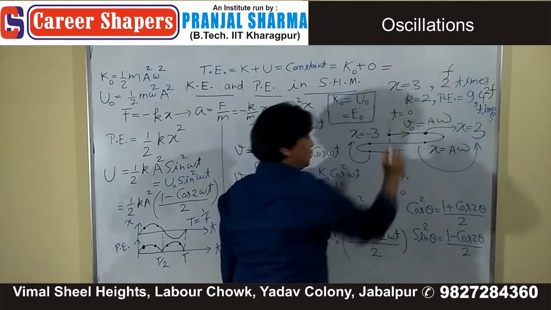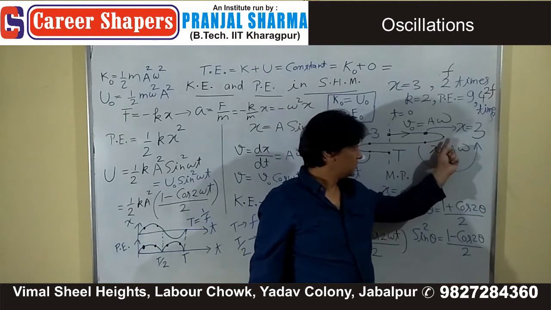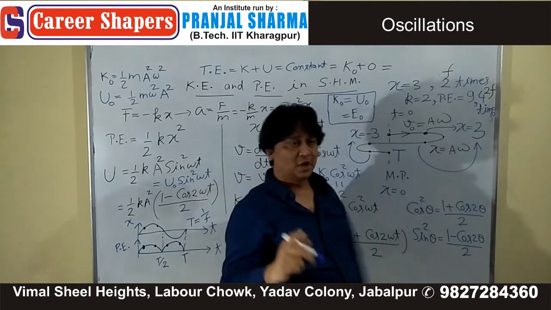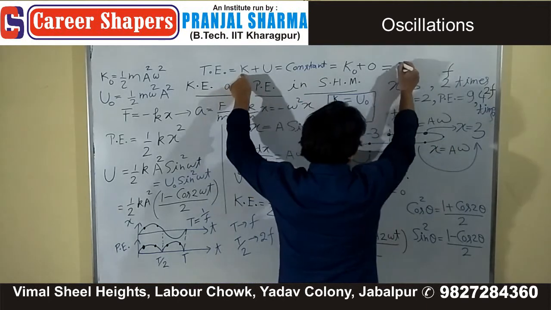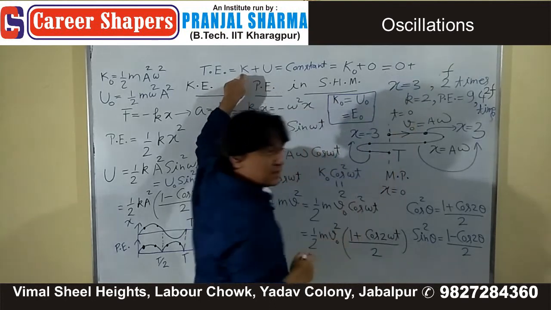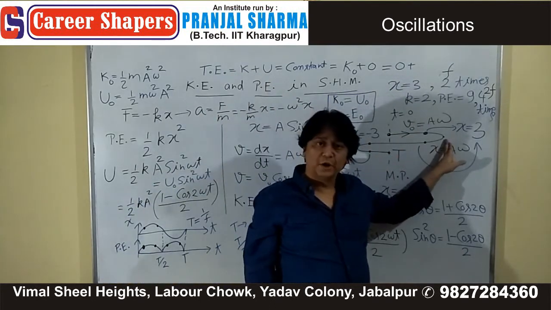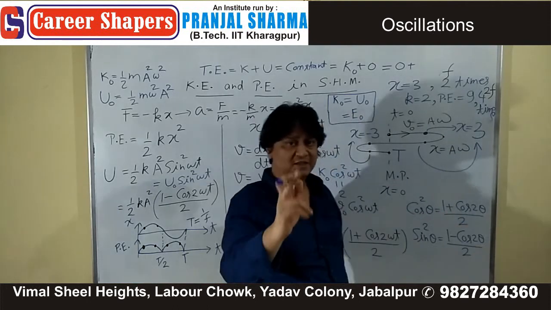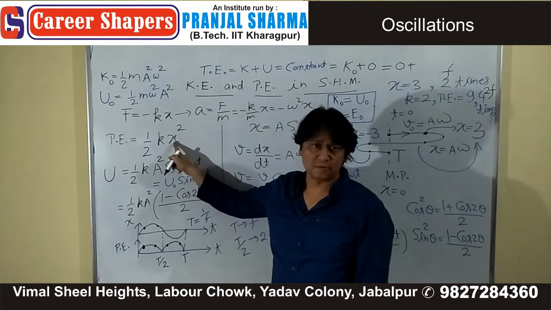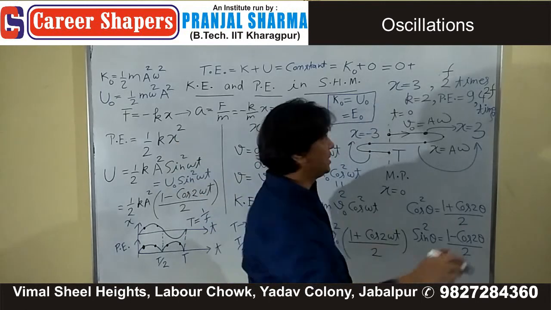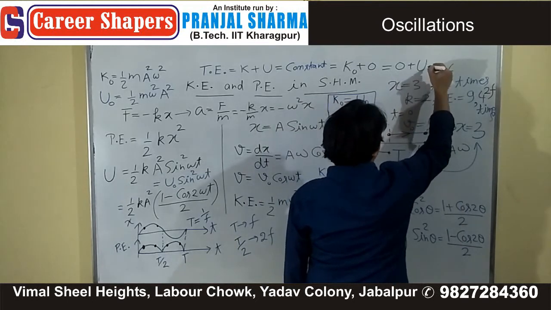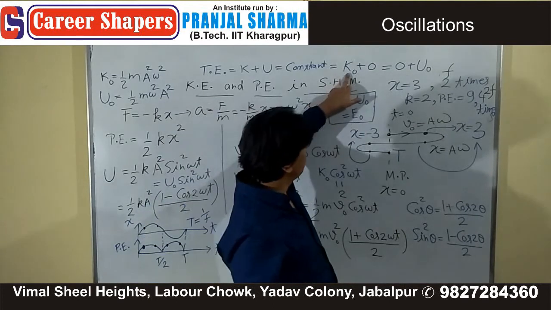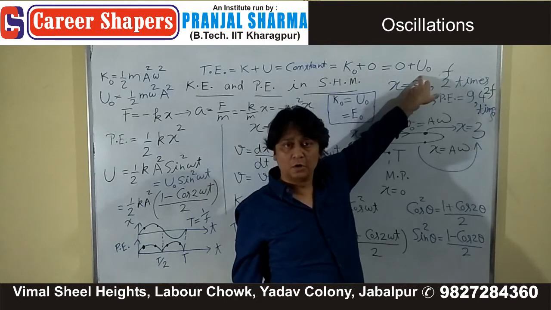Then, when you reach the amplitude, velocity becomes 0. If velocity is 0, then kinetic energy is 0. But at the amplitude, the spring has maximum deformation, so potential energy should be maximum, which is U naught. And therefore, you can see that we have again proved K naught is equal to U naught.